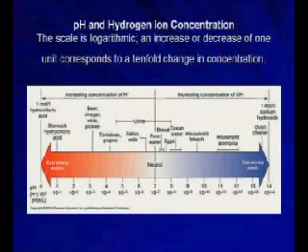As we significantly increase the pH to a more alkaline or more basic solution, you can see some of the household products that represent that: household bleach, ammonia, and oven cleaner, the most extreme alkaline substance noted on this pH scale.